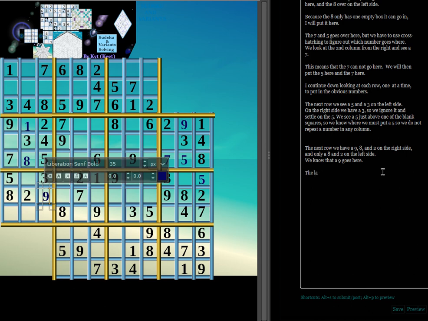The last row with both a left and right grid has a 4 and 7 on the right side, and nothing on the left side.